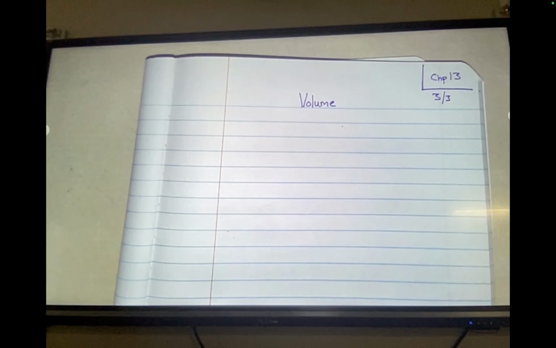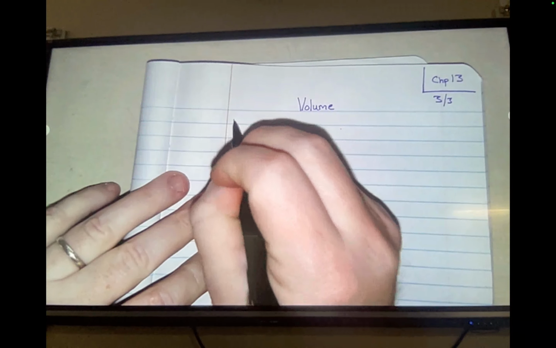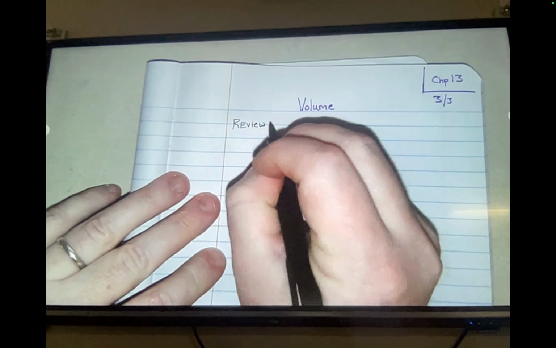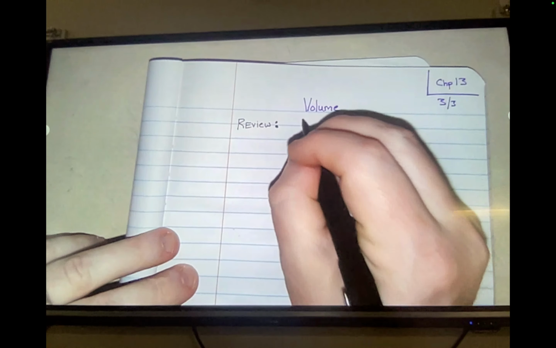Before we can really dive into volume, let's do a quick review and talk about two other things that you've learned in previous years and that you'll see sometimes this year. The first one is called perimeter.